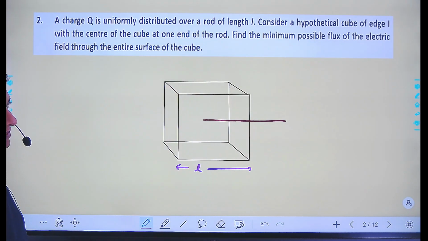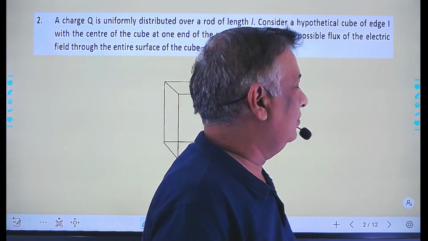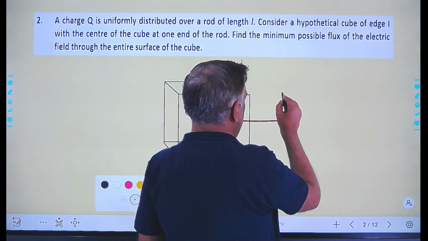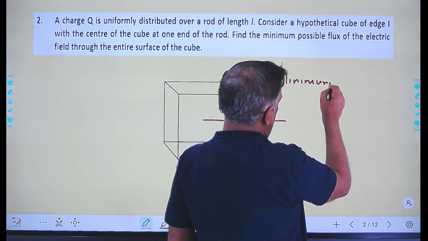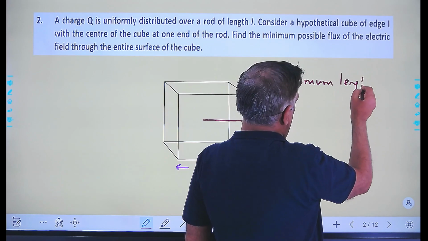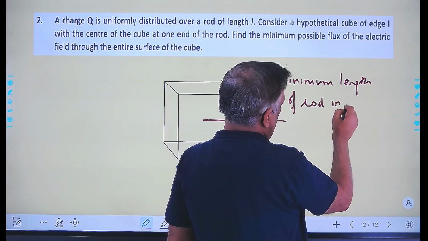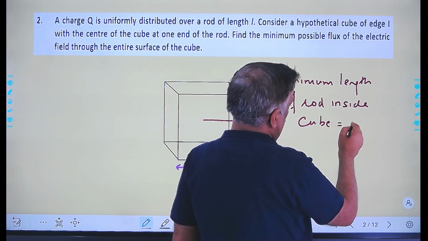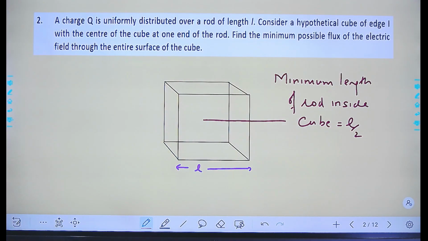Its length inside the cube, minimum length which can be present inside the cube is L by 2. Means half of the total rod is inside the cube. You have to tell the flux.